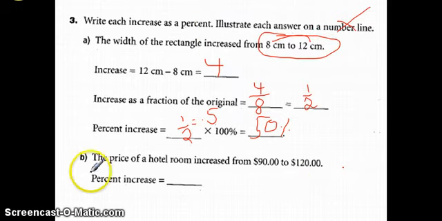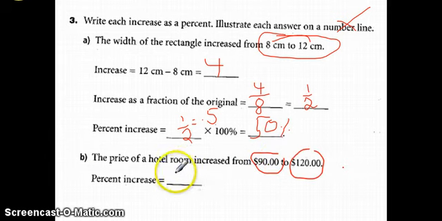Another quick example, the price of a hotel room increased from 90 bucks to 120 bucks. That sucks. Okay, so we want to calculate the percent increase. So first we calculate the difference. 120 minus 90 gives us a difference of $30. And our original price goes on the bottom. Okay, just like our last example.